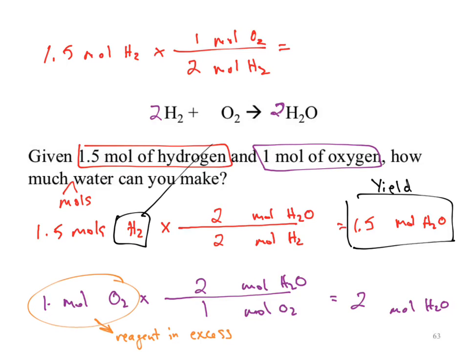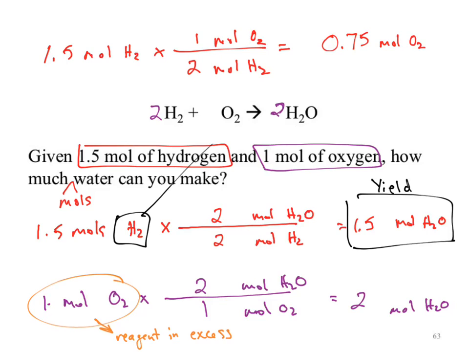When we go through and solve that, what do we get? 0.75 moles of oxygen. What does that mean? To react all of the hydrogen, how much oxygen do I need? 0.75 moles of oxygen.